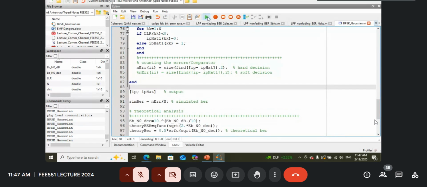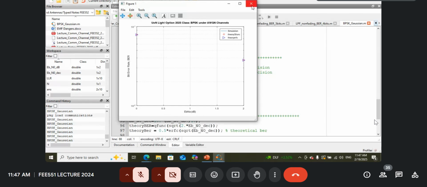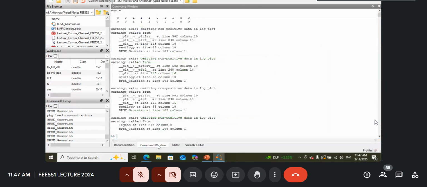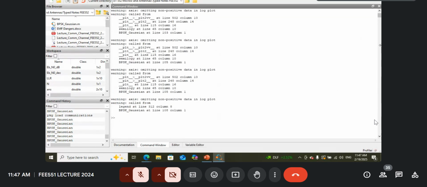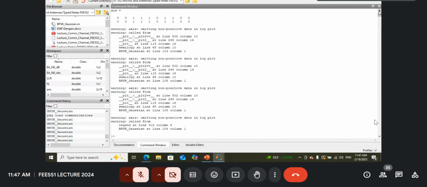So we compare IP and IP hat. You just go to the command window and check. You can see the answer is the same. So even at 2 dB, we have the same. I want a point where there are errors.